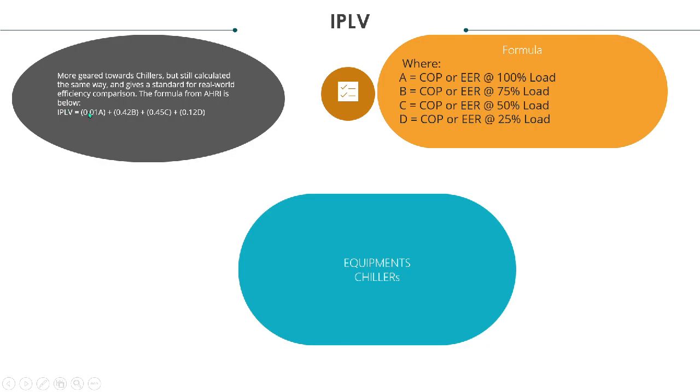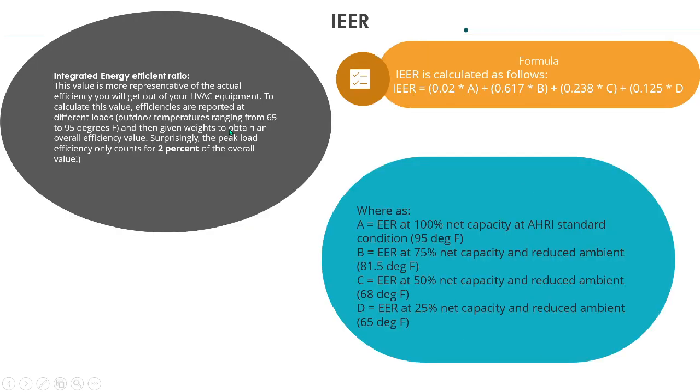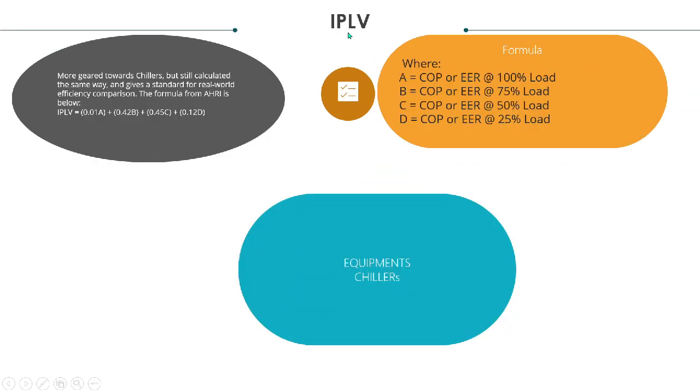IPLV is equivalent to 0.01 into A plus 0.042 into B plus 0.45 into C plus 0.1 into D. As you could see, the formula is almost the same as the IEER rating, but the only difference is that EER rating is considered for IEER, but here we will be considering the COP or else EER rating.